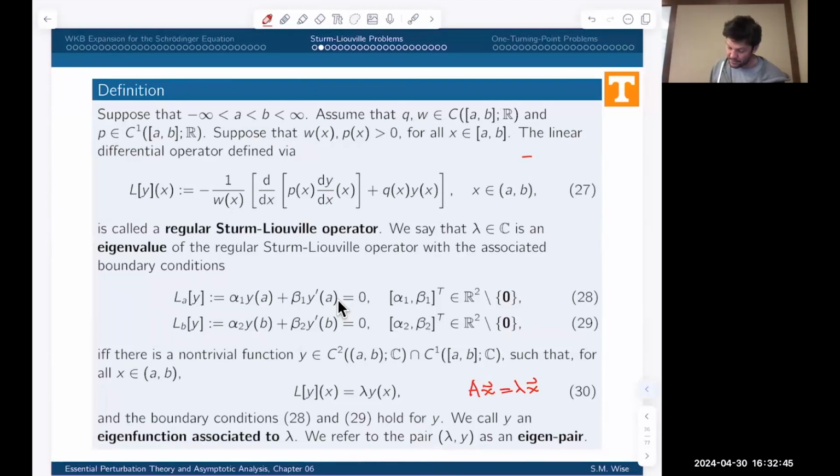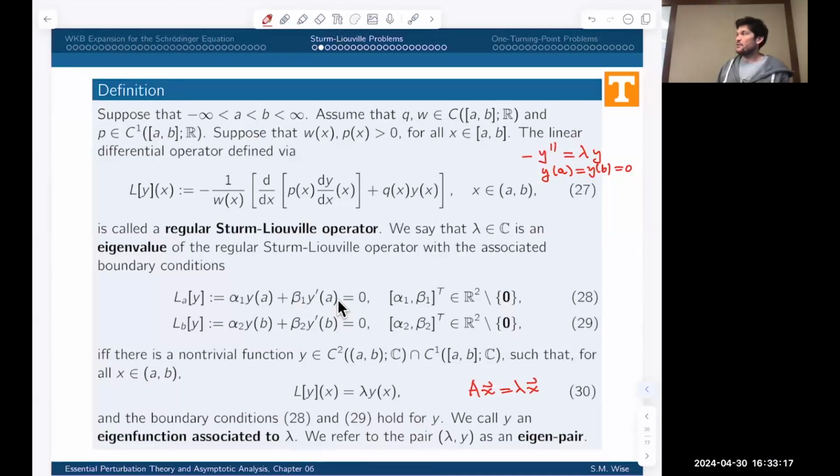Then the problem that I'm going to solve is minus y double prime equals lambda y, subject to the boundary conditions y of A equals y of B equals 0. That's the simplest version of these that you can solve.